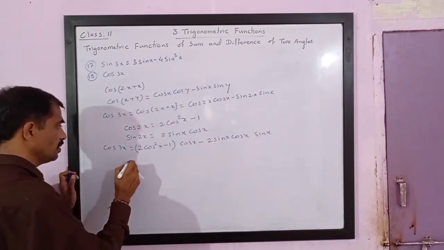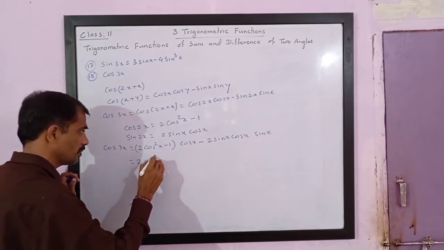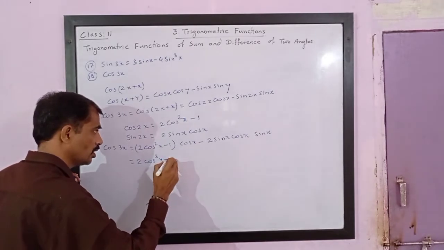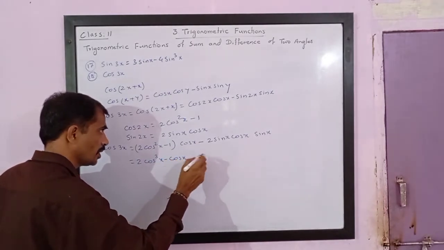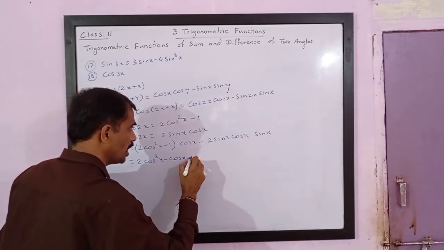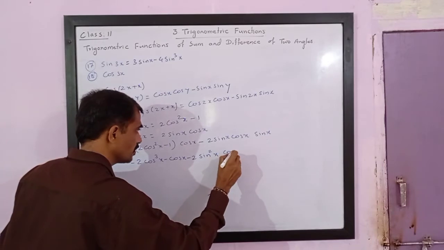So this becomes cos x into 2 will be 2 cos cube x, and cos x into 1 will be cos x. This sin x into sin x will be minus 2 sin square x into cos x.